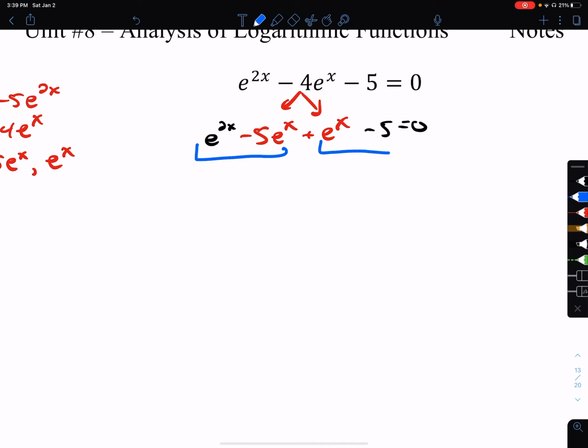Now if we group the first 2 terms together, the GCF of that is e to the x, leaving us with e to the x minus 5. GCF of the next group, simply a 1, leaving us with an e to the x minus 5.